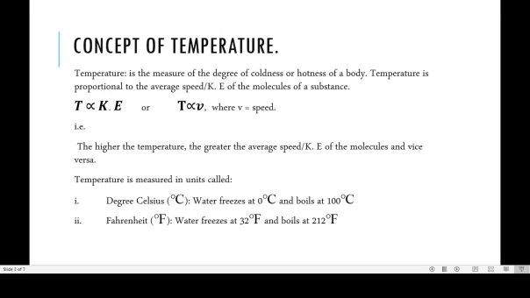While for Kelvin, the freezing point of water on the Kelvin scale is 273 Kelvin, while water boils at 373 Kelvin. These boiling points and freezing points on the different scales are very important to understand because they are going to be used in other aspects of the discussion.